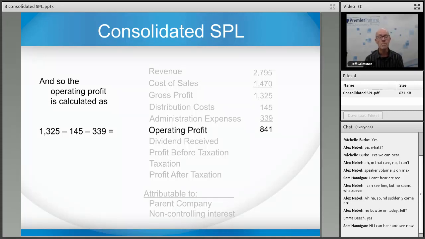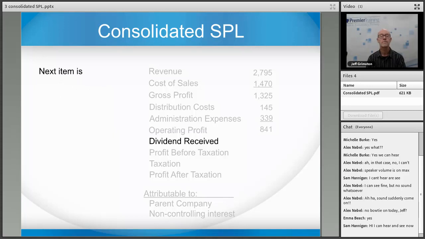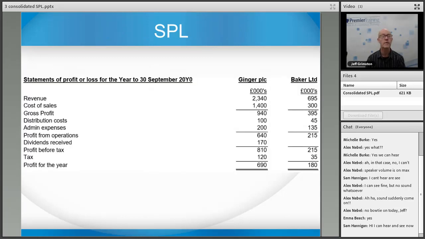The next item on the list, we notice from the data that the holding company Ginger PLC has received during the course of the year a dividend of 170. Nothing for Baker.